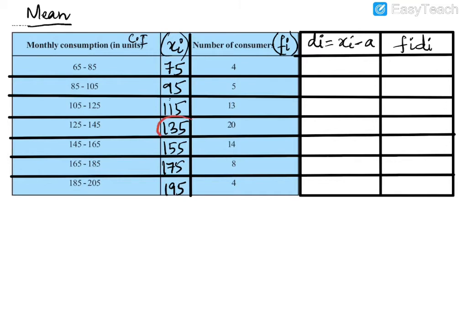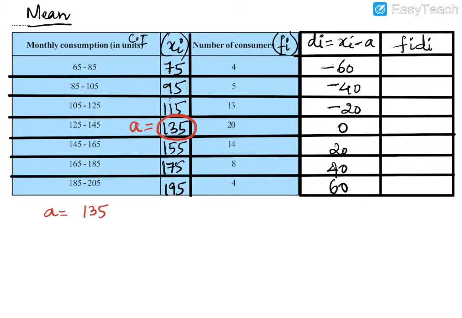So let's say 135 is the assumed mean. For each class interval, now we will find di. So di for the first class interval is 75 minus 135, which is minus 60. The next will be minus 40, minus 20, 0, 20, 40 and then 60.